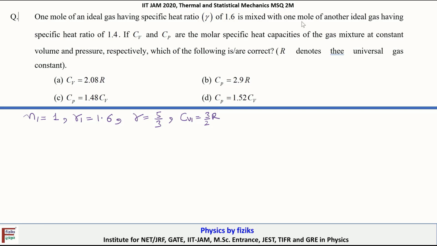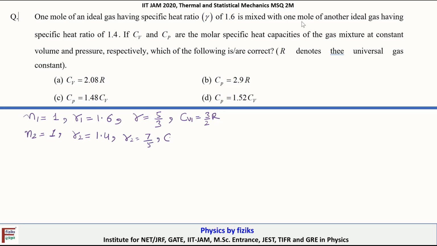Now let's take a look at the second information, which is related to the second gas. The number of moles of the second gas is also 1, and the value of gamma, I will call it gamma 2, is equal to 1.4. So that means gamma 2 here is equal to 7/5.